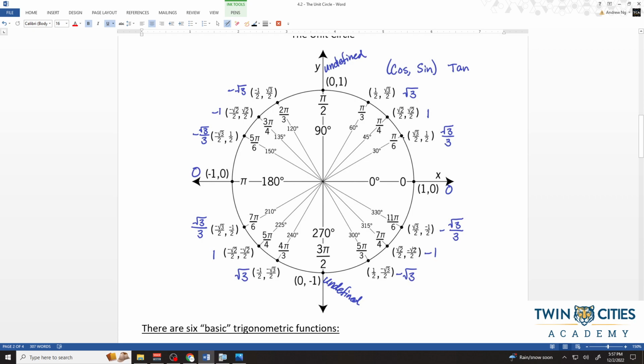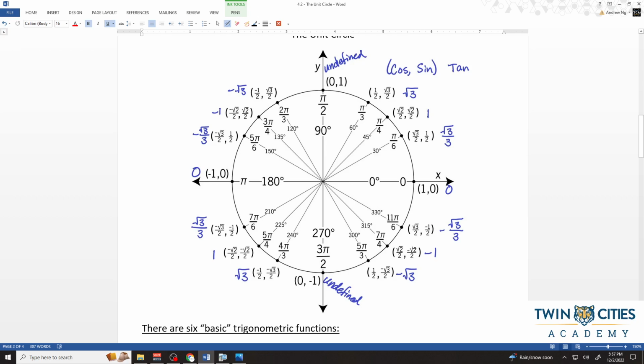So this point on the graph has the x value √3/2, and the y value 1/2. This point on my circle and on my graph is (√2/2, √2/2), so both the x and the y are √2/2. And then we've got this point, (1/2, √3/2), so the x value is 1/2 and the y value is √3/2.